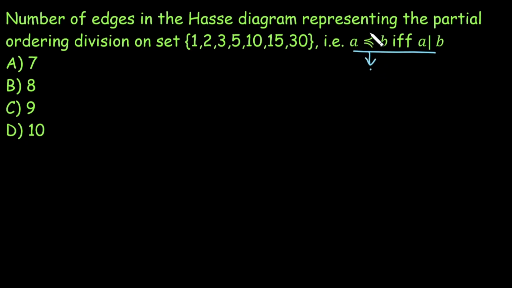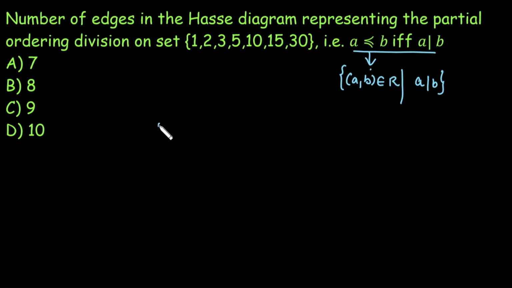So there is a difference between this symbol and less than or equal to. Now the relation says that A is related with B if A divides B. So we need to collect all those pairs and accordingly draw the hash diagram. Without collecting the pairs, we will directly move to the hash diagram.